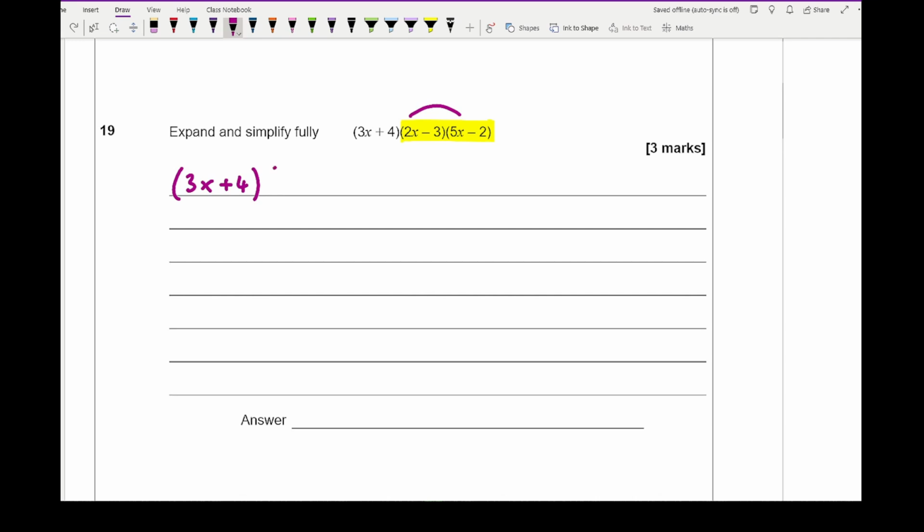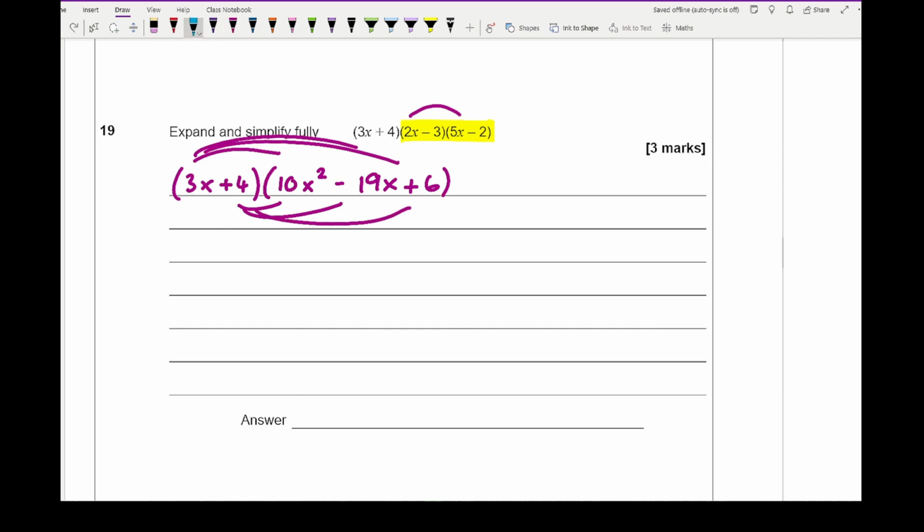So here we end up with 10x squared minus 19x plus 6. And let me just make sure that doesn't look like an underscore. And there we go. Then all I'm left to do is multiply out the brackets, multiplying the first term by the 3 terms and then the second term by the same.